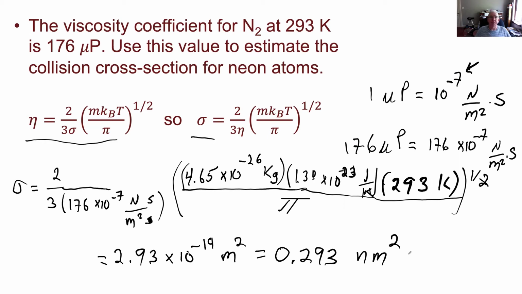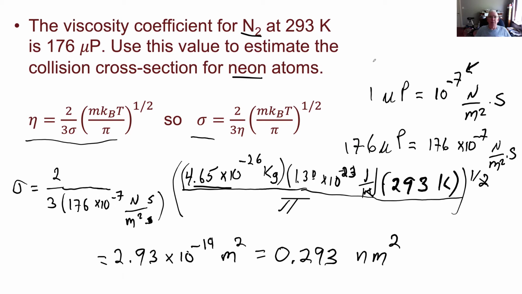This is nitrogen. Oh, it is nitrogen. Sorry, I thought I was doing neon for some reason. So when I said that was the mass, I was thinking that sounded like the mass of nitrogen, and for some reason I had it in my head that I was doing neon. Oh, because it says neon atoms here and nitrogen there. That's why I'm very confused. I actually calculated it for nitrogen, it looks like. Yeah, that's the calculation for nitrogen and not for neon.